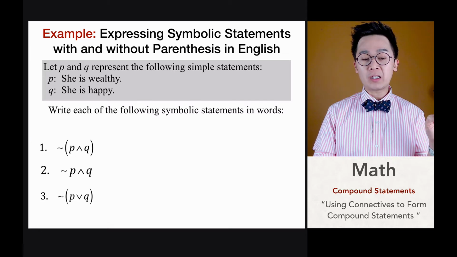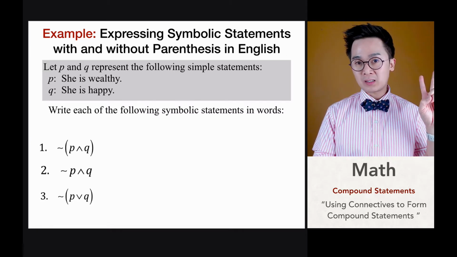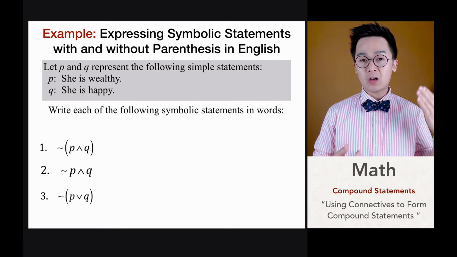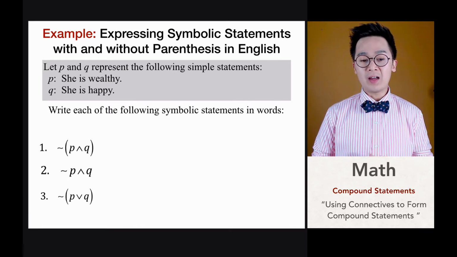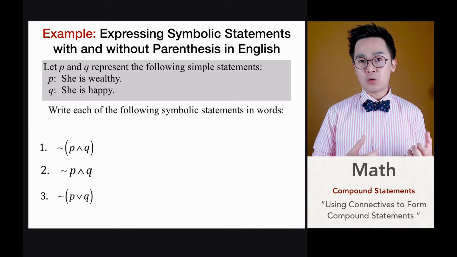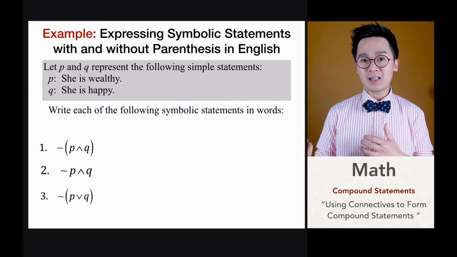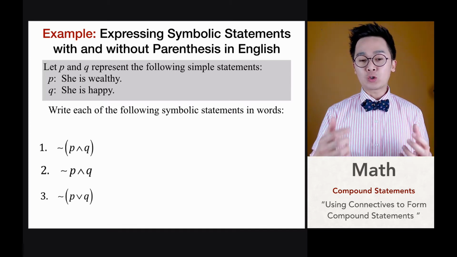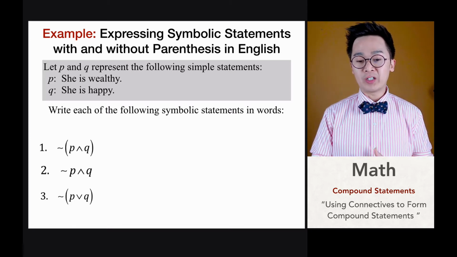And if we're going to be using the two statements and compose a compound statement based on the three problems that we have, notice that all of these are in symbol form, and if we're going to translate this into something more comprehensible in English, we'll be able to do this by incorporating the operations that we have learned in the lesson.